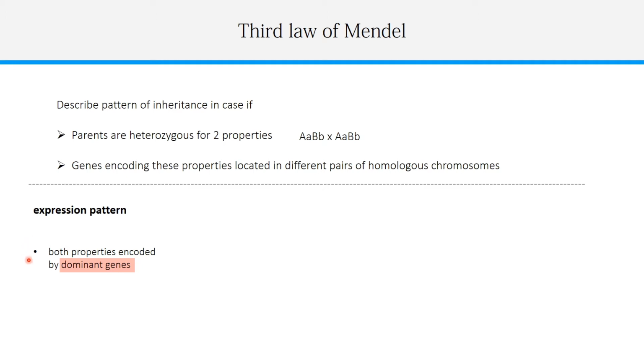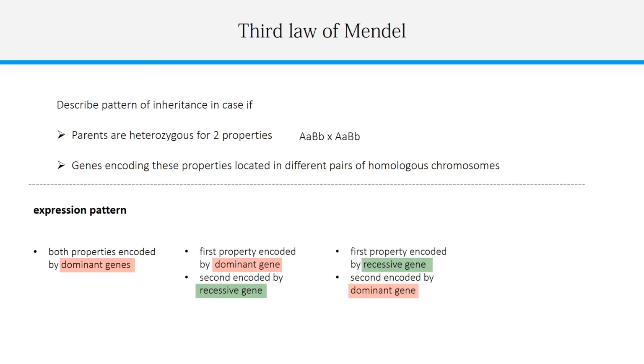As you see here, there will be some organisms where both properties are encoded by dominant genes. In other next generation organisms, the first property will be encoded by a dominant gene, and the expression of the second property will be guided by a recessive gene.